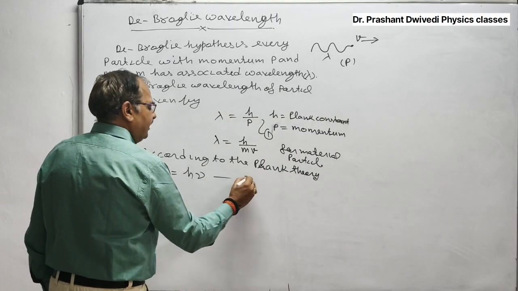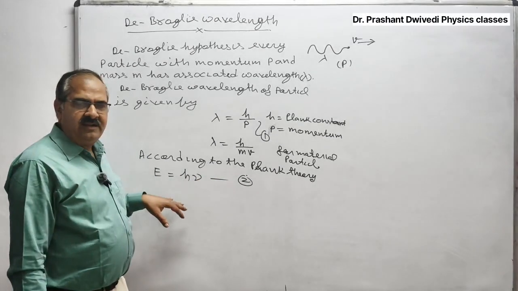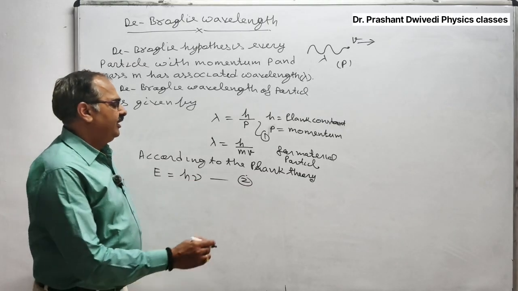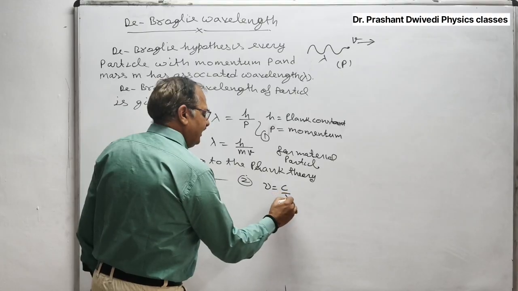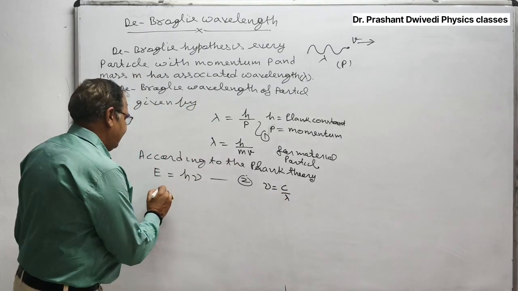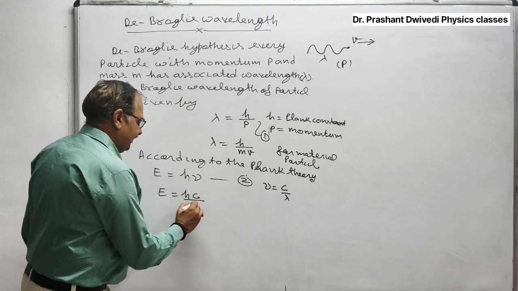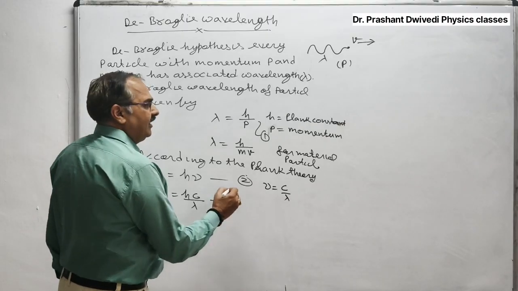Equation number 2. The energy of the photon E is equal to h nu, and nu is equal to c upon lambda. Then E is equal to hc upon lambda. Equation number 3.